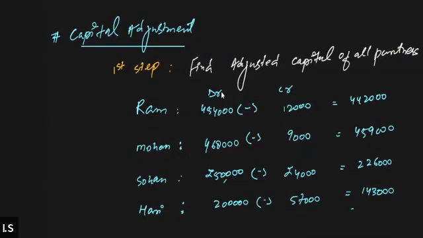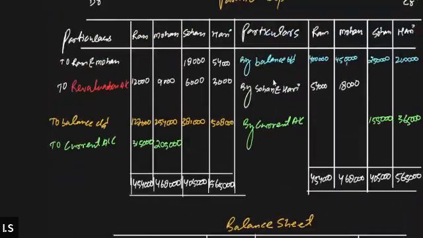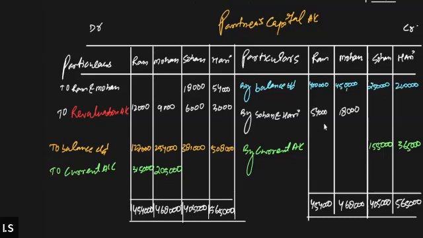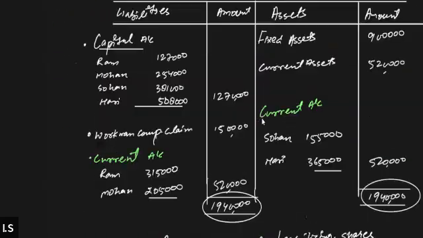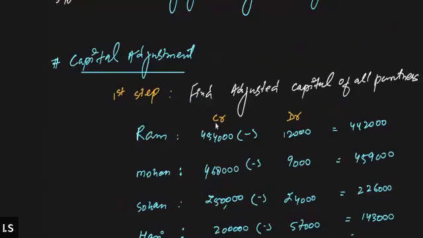We need to subtract the debit side values out of the credit side values. So we'll go to the partners capital account, and on the credit side you can see we have only two items, 4 lakh and 54,000, and totaling this we get 4,54,000. We will go back to the working note, and here we will write 4,54,000 as the sum total of the credit side.